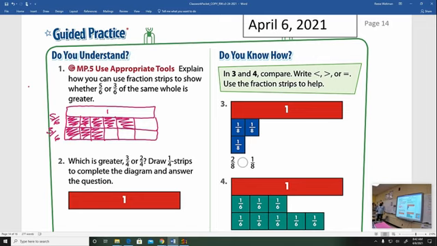Which one's greater? Schmidt? 5/6. And how can you tell, guys? Go ahead. Say it a little bit louder. The numerator is different than the denominator. That's true.